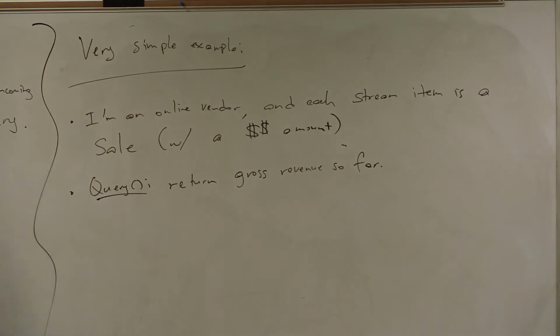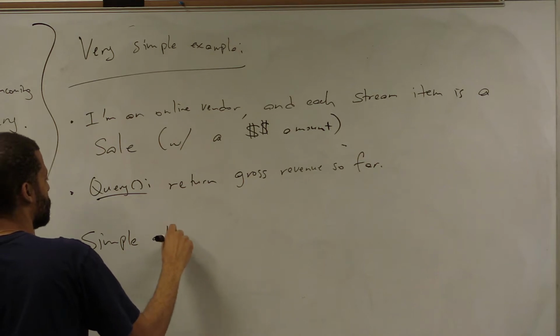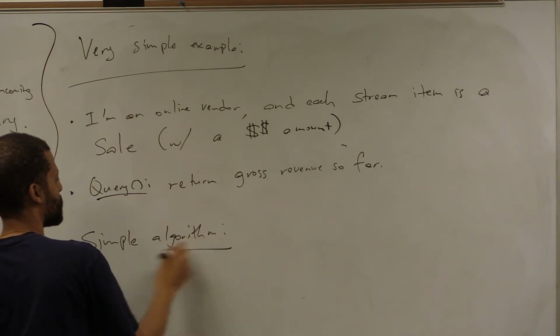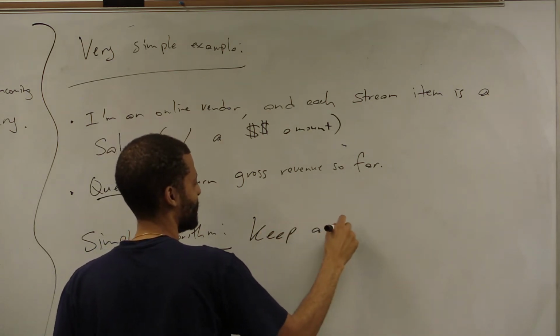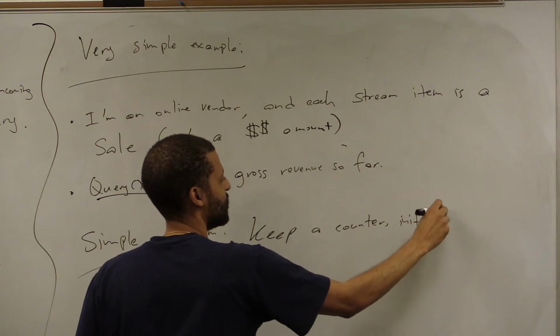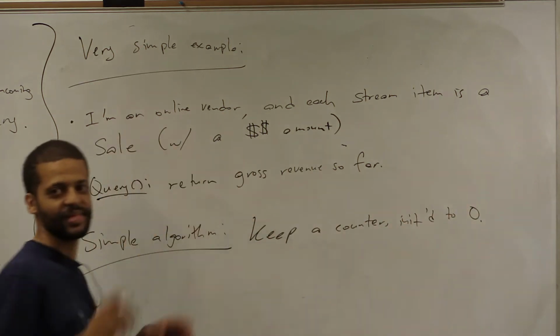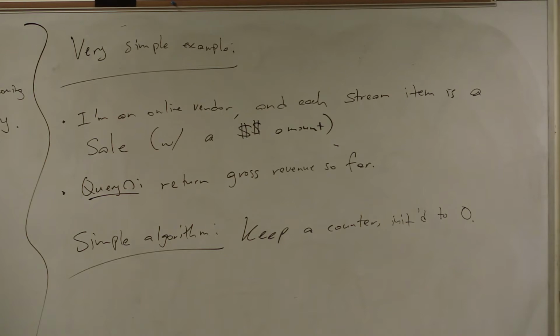Okay. That's very simple. Here's a simple algorithm, or simple data structure. Just keep a counter initialized to 0. So at the beginning of the day, my gross revenue is 0. I haven't sold anything yet. Every time there's a sale, I just look at the sale price and add that into the counter.